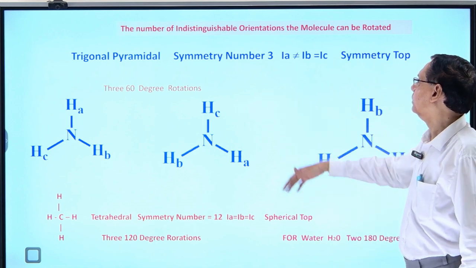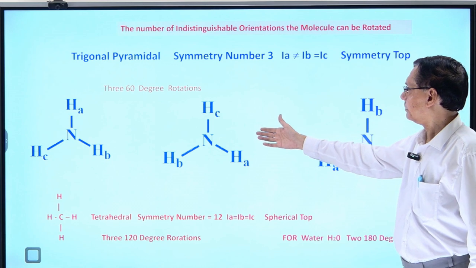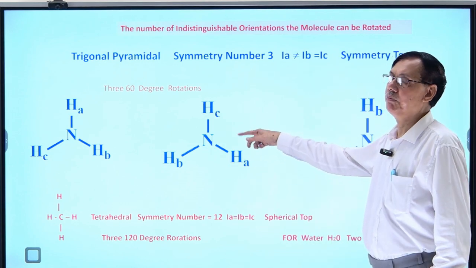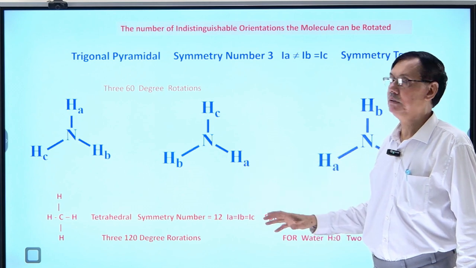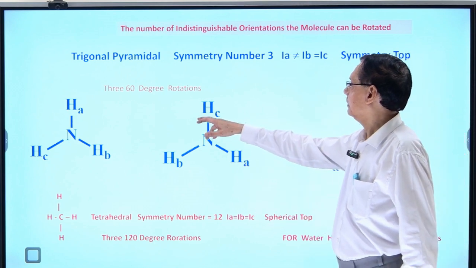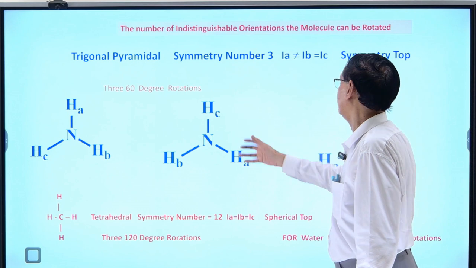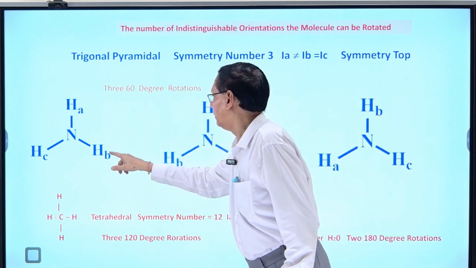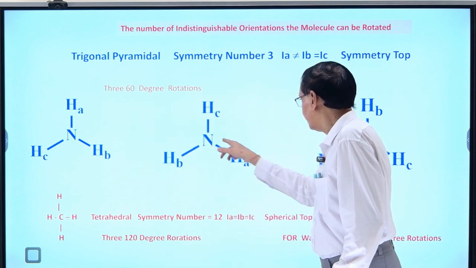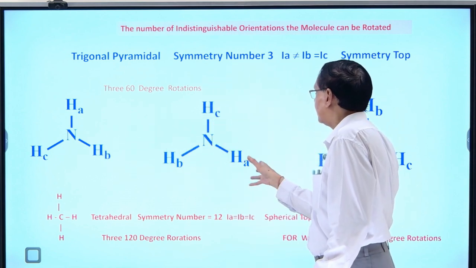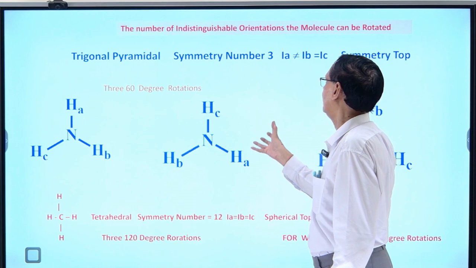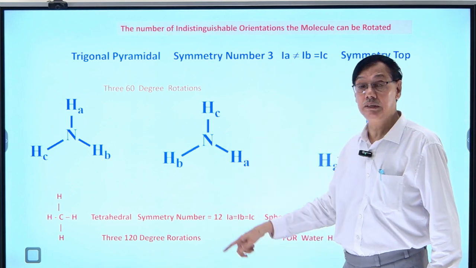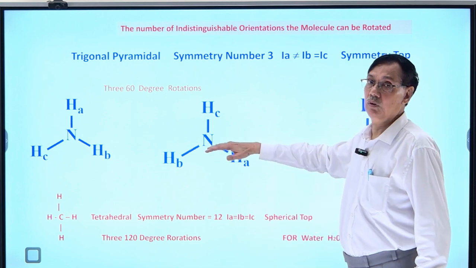As I just told you, if I am talking about the ammonia molecule, and I have taken this example from the book of McQuarrie, you see that 360-degree rotations. Suppose this is A, this is B, this is C. In the second case, a slight change in spatial orientation, the number of indistinguishable orientations, is very important. You have to consider these orientations.